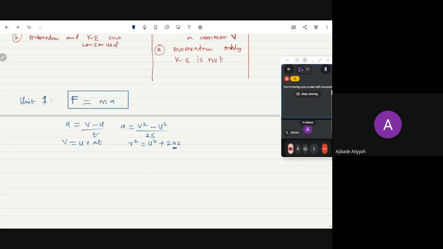If you make A stand alone, this is what you have. So we can change these formulas and say that F is equal to M times (V minus U) over T, or M times (V squared minus U squared) over 2S. It's also possible. Do you understand?